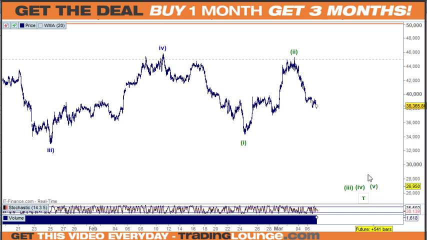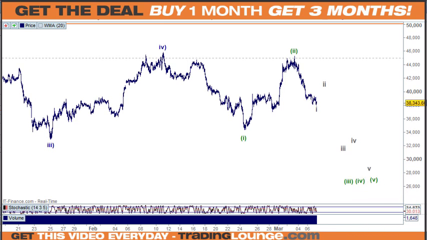I'll get to that on the weekly chart. So in a nutshell, I would be assuming that this would be wave 1 here and coming back for wave 2, and then we would have wave 3 here and 4 and 5.